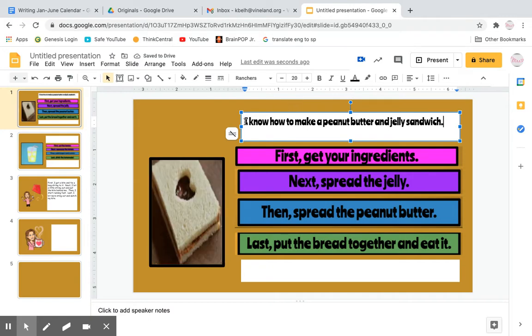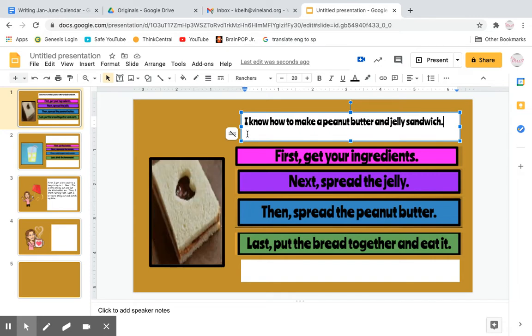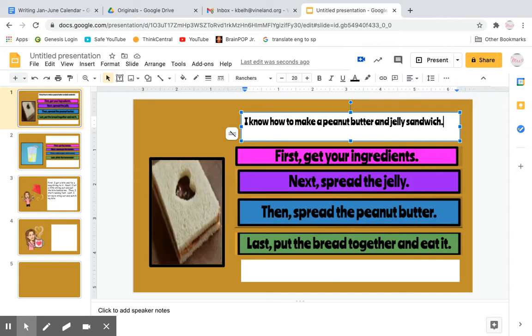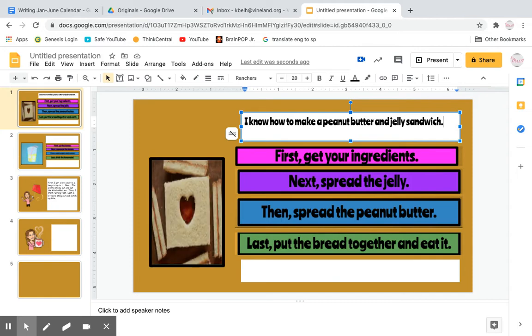When you're doing your opening sentences, one way that you can introduce your how to is just by telling them what you know how to make or how to do. That way the reader knows, hey, this is going to be about how to do this or how to do that. So you can use the words, I know how to.